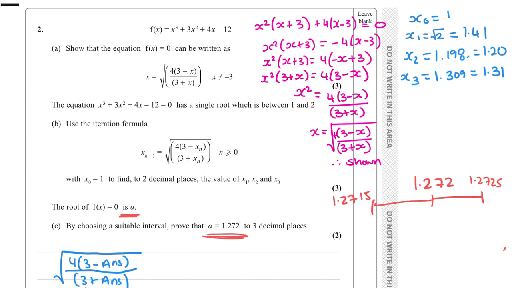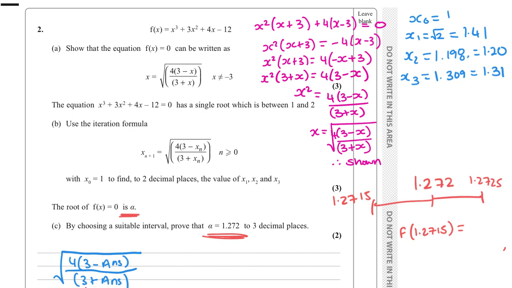So f of 1.2715 equals, and I'm going to substitute that into my original equation. I'm just going to put 1.2715 equals, and then I've got an answer.